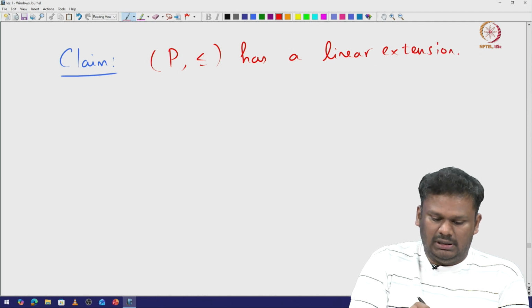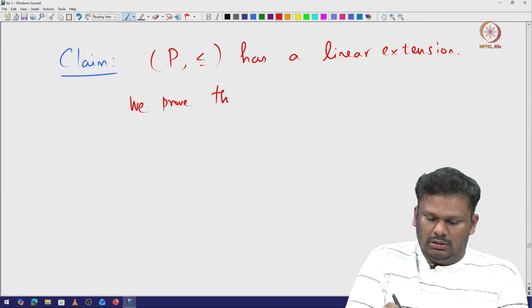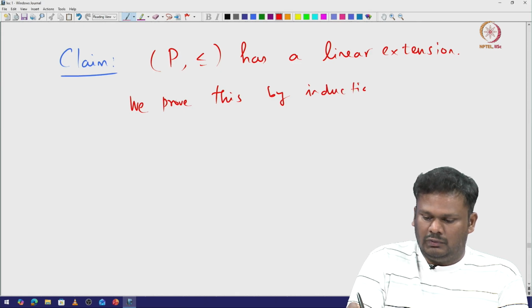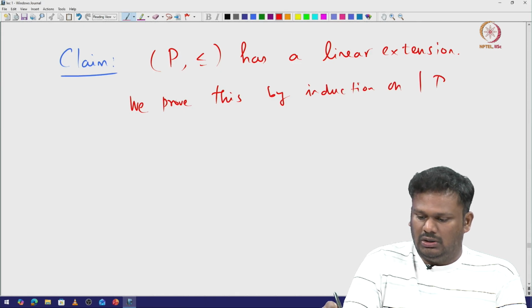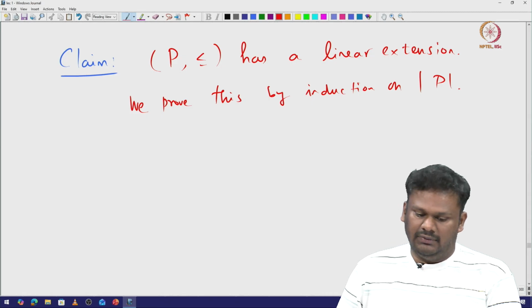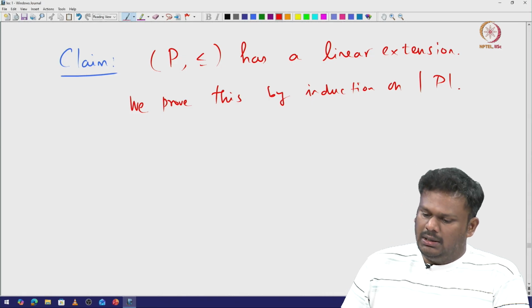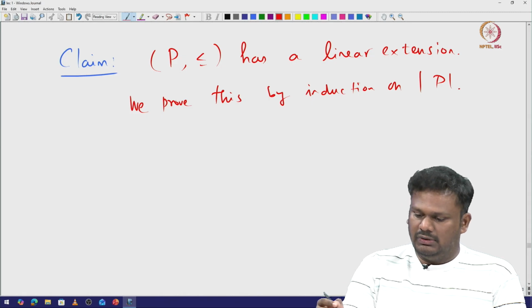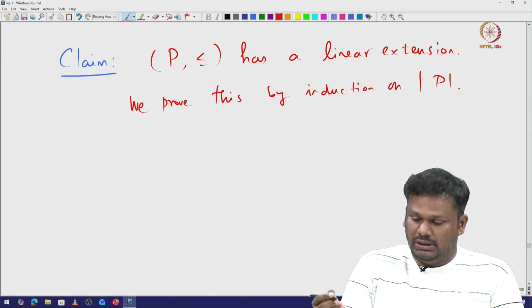We prove this by induction on the number of elements inside our capital P. Of course, if it has only one element, there is nothing to prove.